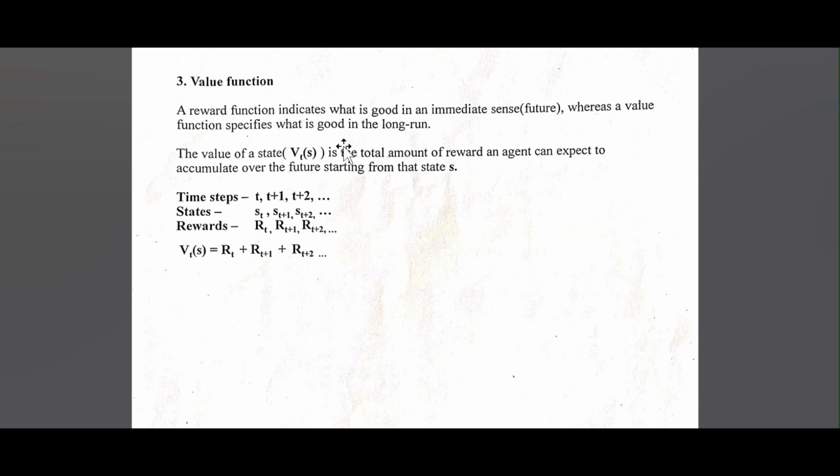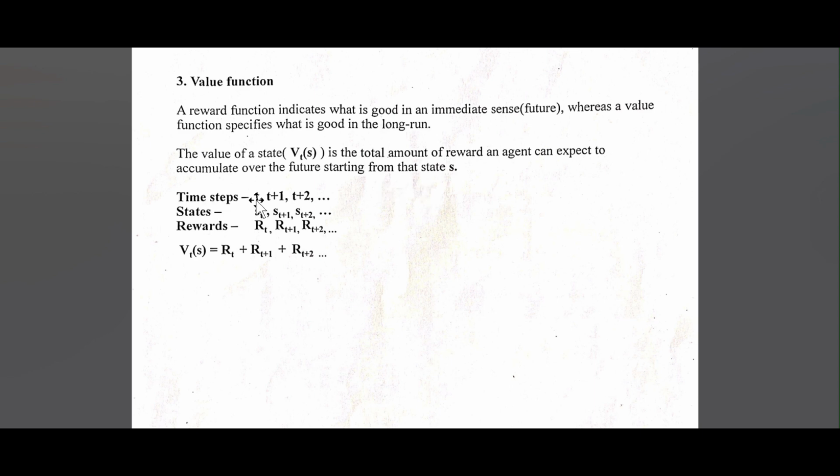Next, the value function. The reward function indicates what is good in an immediate sense, whereas the value function specifies what is good in the long run. The value of a state, V of s, is the total amount of reward an agent can expect to accumulate over the future, starting from the state s.